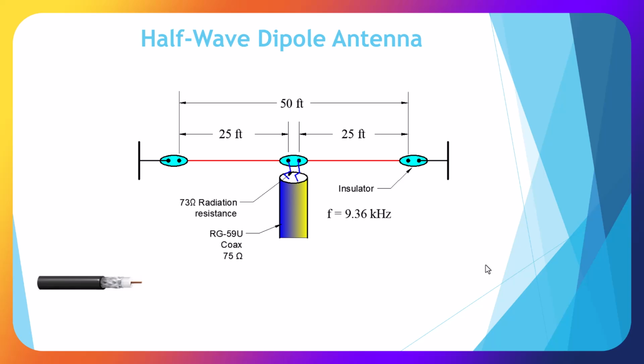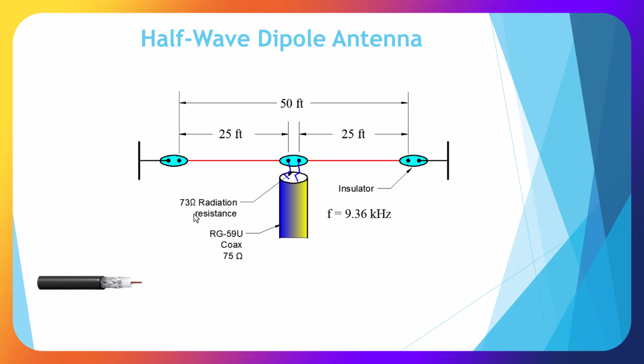Actually, here I'm showing an actual example of a half-wave dipole antenna. I backtracked from our formula that's on our homework, and I started with a 50-foot wavelength, and then I went back and calculated, so we got 9.36 kilohertz.